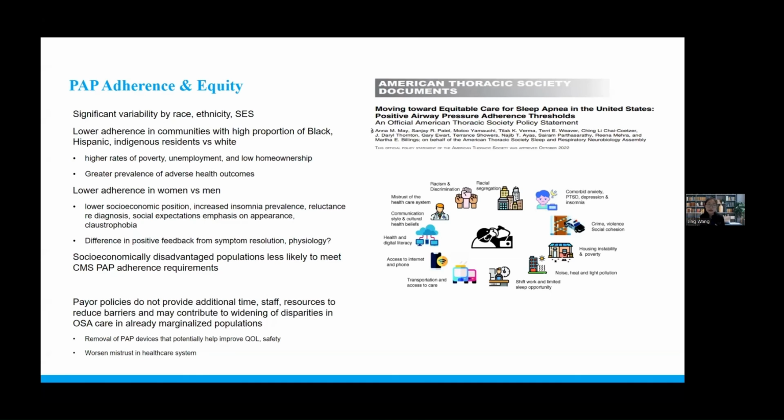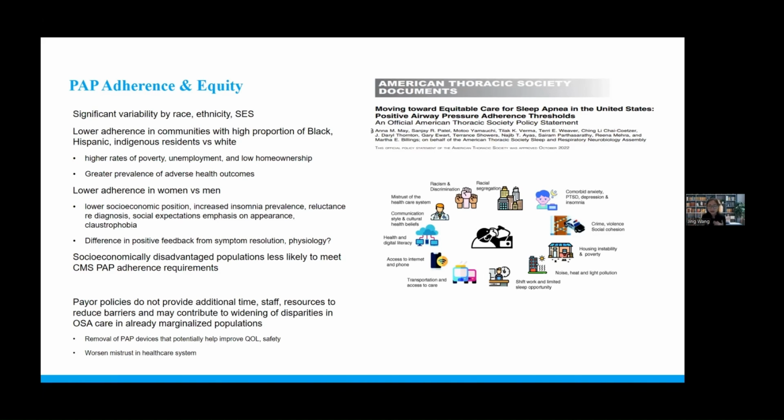And traditionally, lower adherence is reported in patients in communities with a high proportion of Black, Hispanic, and Indigenous residents compared to white communities. This may be due to, and the paper summarizes this really nicely, potentially contributing factors, including poverty, unemployment, homeownership, noise, and health literacy. So lots of components contribute to why patients may not be as, quote unquote, compliant.